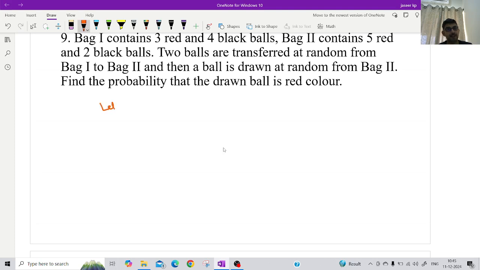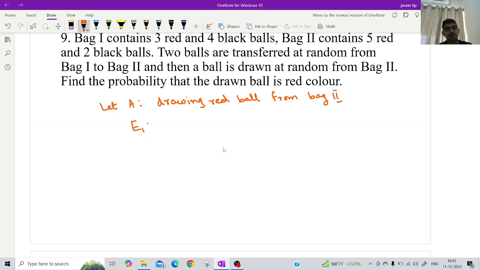So we'll take A as drawing a red ball from bag 2. Now about the events, the possibilities.